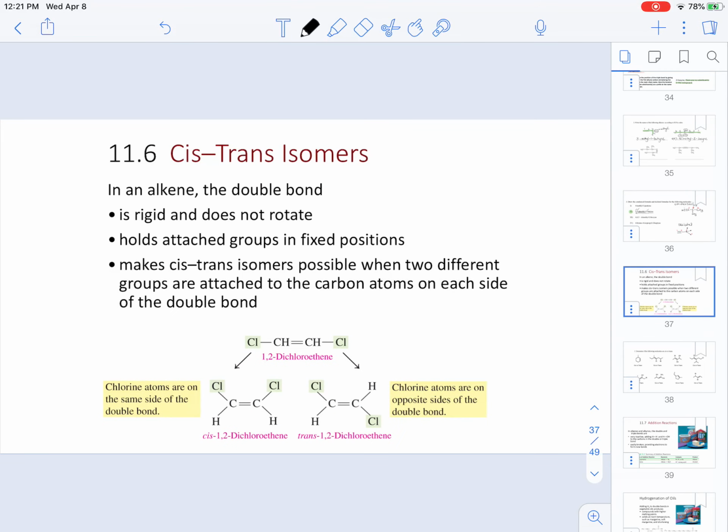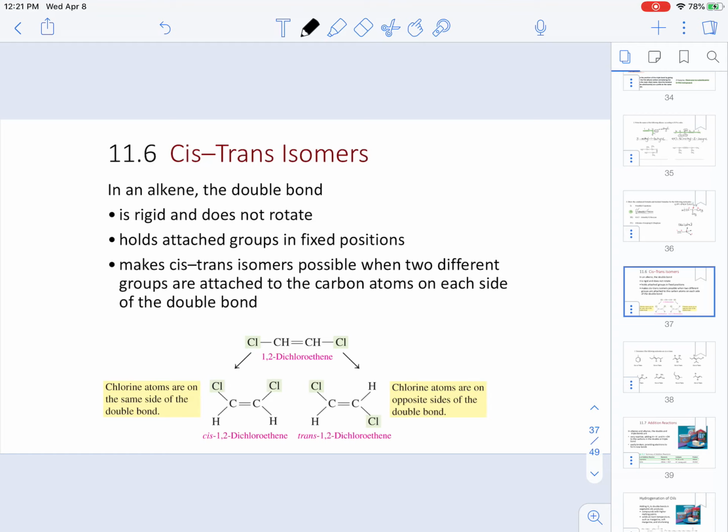The next section in chapter 11 has to do with cis and trans isomers. Previously, we already discussed what structural isomers are. Structural isomers, remember, when you compare 2 molecules, they're going to have the same chemical formula, and they're going to have different attachment of the atoms.